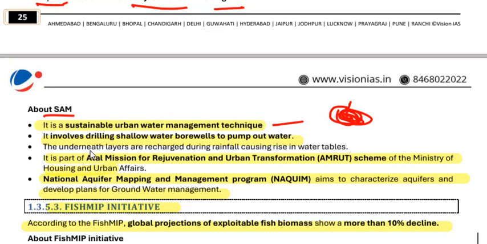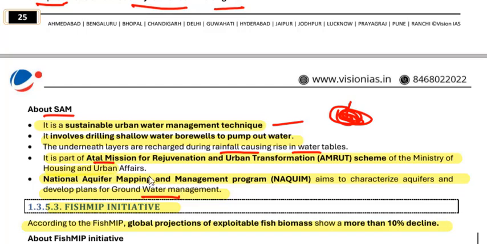Rainwater harvesting will do that. The underneath layers are recharged during the rainfall, causing a rise in the water table. It is a part of AMRUT, that is Atal Mission for Rejuvenation and Urban Transformation of the Ministry of Housing and Urban Affairs. Next is the National Aquifer Mapping and Management Program, which aims to characterize aquifers and develop plans for groundwater management.